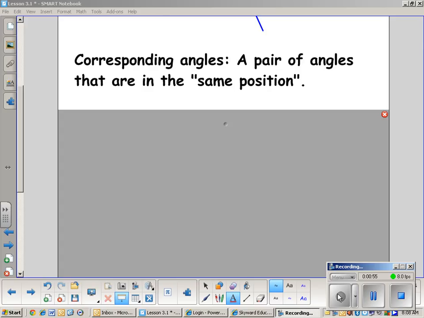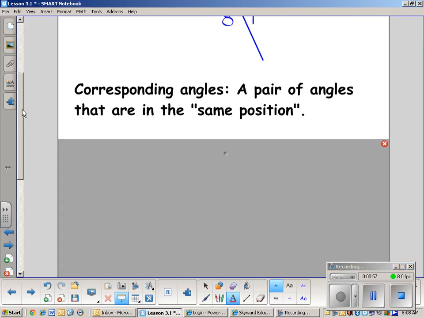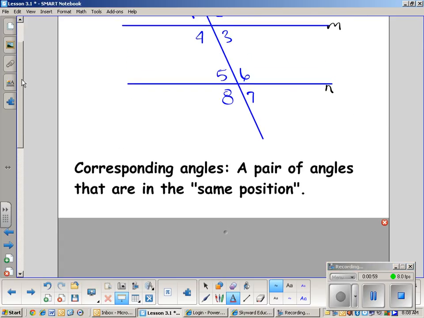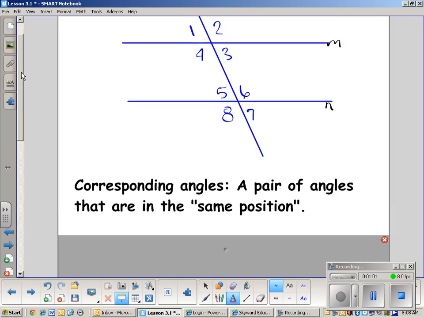We need to think about corresponding as in the same position. When we were talking about reflections in Unit 1, we said the corresponding parts of you and your image, they're in the same position.